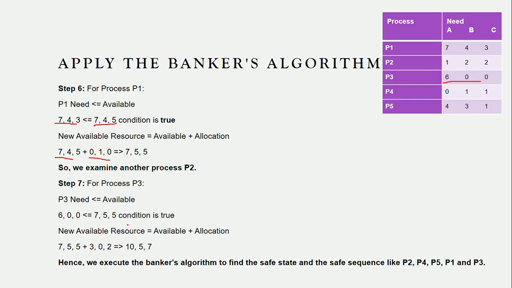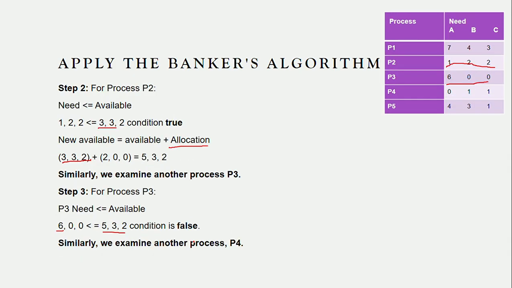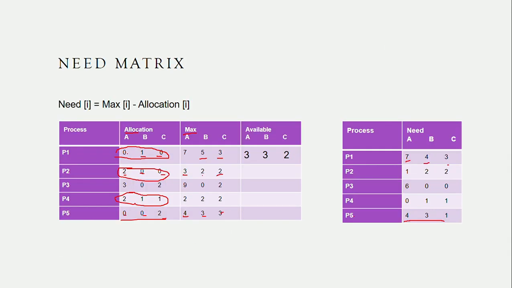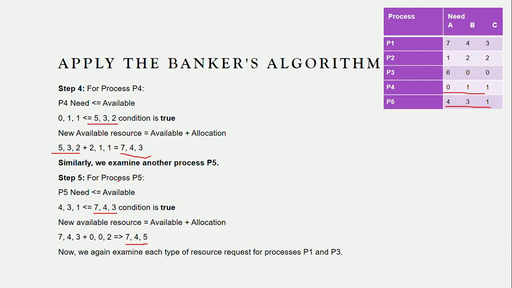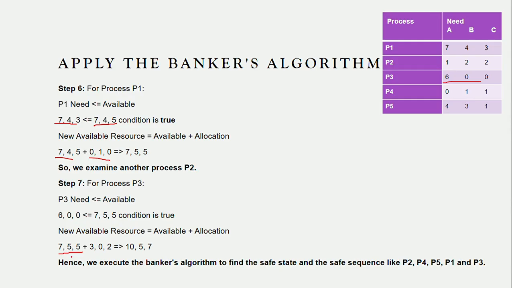So the new availability will be the previous availability plus the allocation for P3. The previous availability is 755, and we have to check what resources P3 was holding. It is 302. So 302 we have to add. You can see 302 is added. That's why the new availability is 1057.